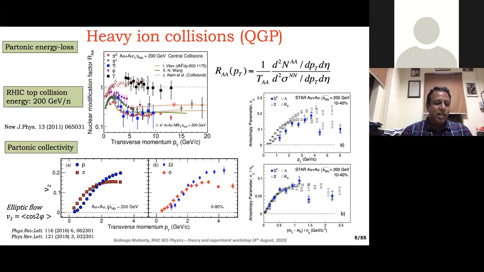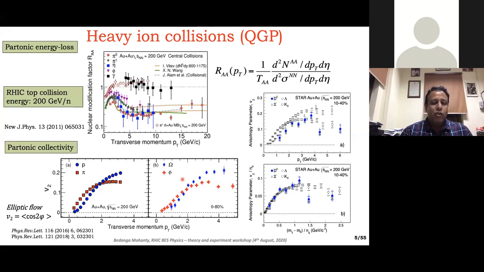Another important finding from the RHIC top energy is the partonic collectivity. V2, which is a measure of collectivity, is plotted along the y-axis. I will discuss this later in the beam energy scan results. This is plotted as a function of transverse momentum for light quark carrying hadrons, protons and pions, and strange quark carrying omega and phi.